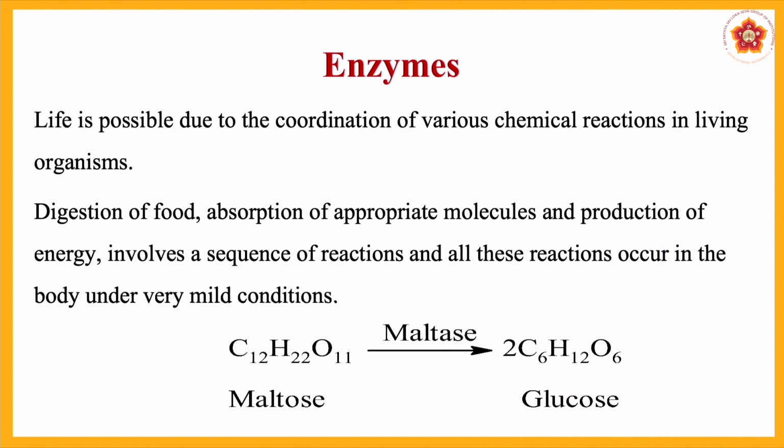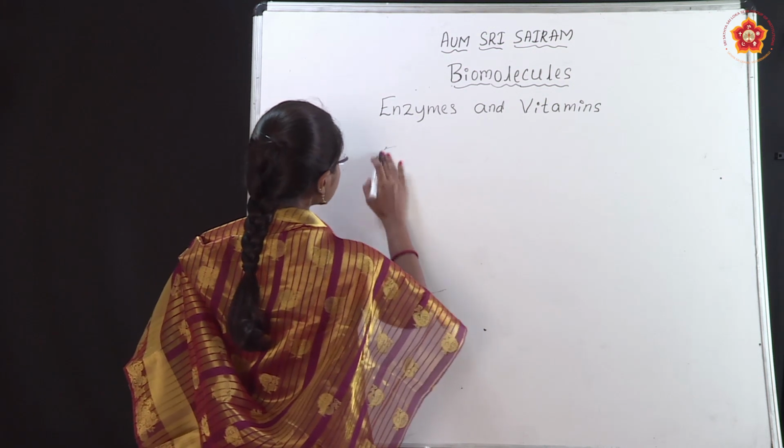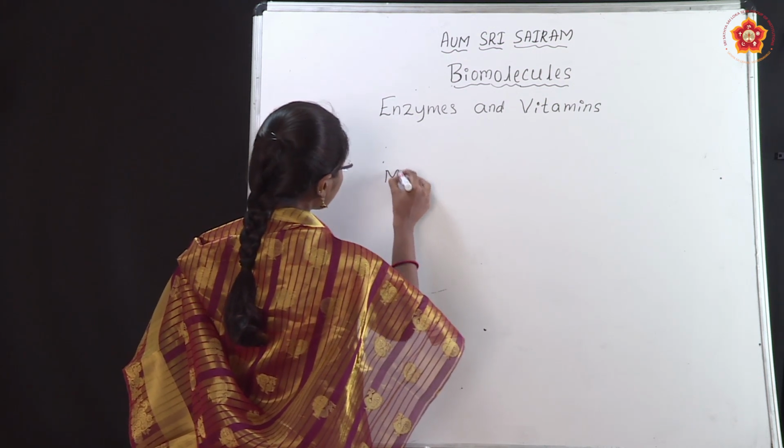You can see the example here: maltose, C12H22O11, gives rise to glucose, C6H12O6, in the presence of maltase. See here, enzymes are very important.